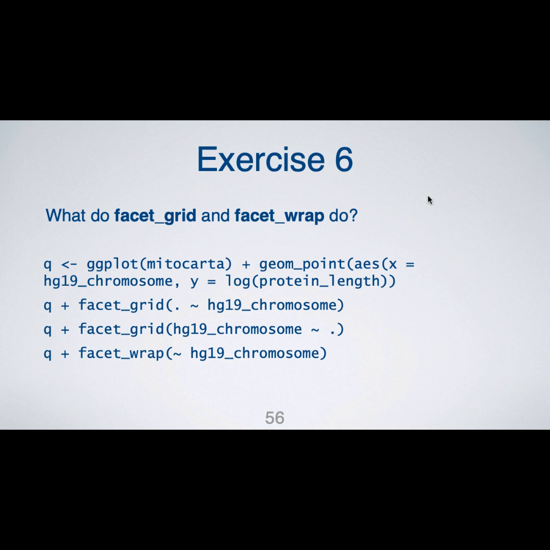This is just to let you know, you can assign these to objects and then take that object and add different layers to it. So in this case, we're going to take our object Q, which is our ggplot, our geom point of the mitochondria data, and add the layer facet grid or facet wrap. So go ahead and try these different chunks of code and see what happens.